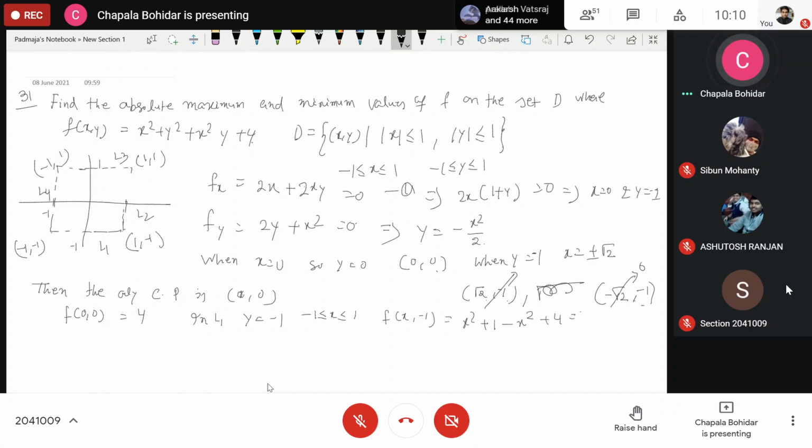This cancels out, clear? So by substituting y equal to -1, we get 5, and there is no variable here. Because x lies between -1 and 1, f of -1, -1 is 5. f of 0, -1 is also 5. f of 1, -1 is also 5.